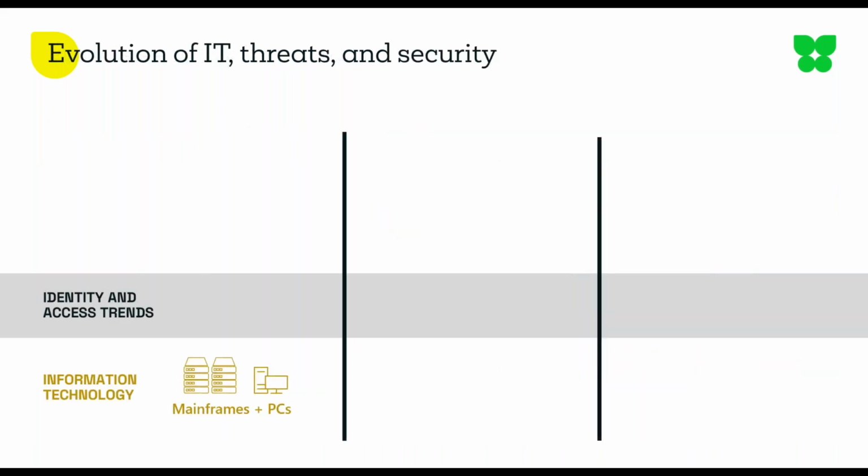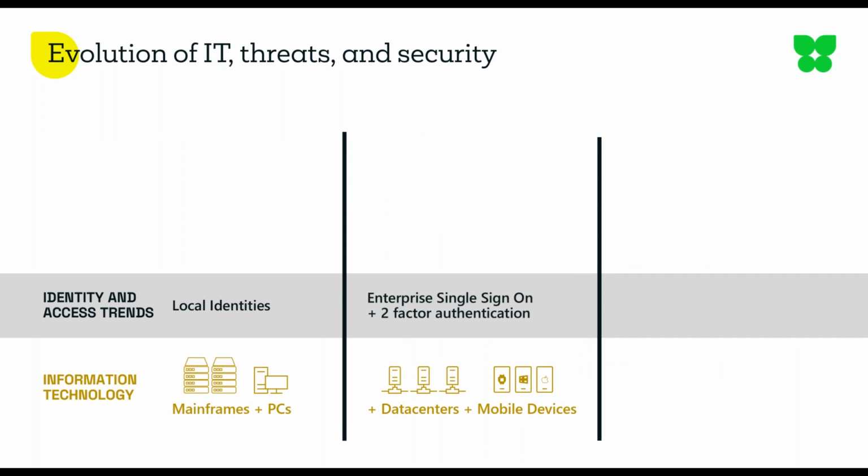And of course, this has all changed over time. We used to have local identities, an identity within the network that people could sign into, local databases that people could sign into. That was extended to make things easier by using enterprise single sign-on, the ability to sign onto your device, and it would let us into other systems without doing anything.